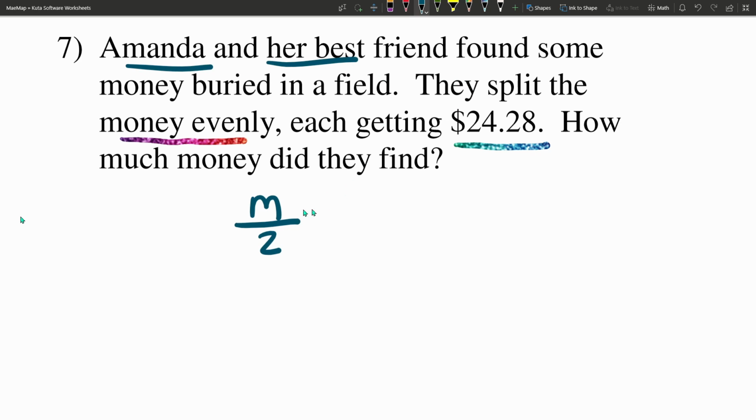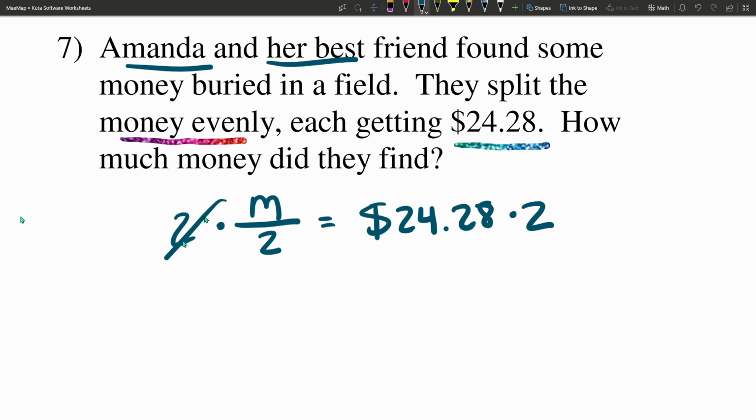It's her and her best friend. So the total amount of money divided by 2 is going to equal that $24.28, the amount that each of them got. So what we're going to do in order to solve is multiply both sides by 2. And when we multiply by 2, we isolate the amount of money that they found in total, M. That's going to equal $24.28 times 2.